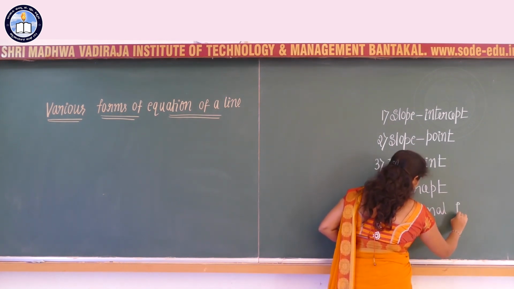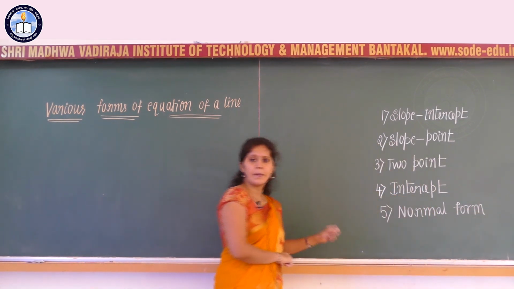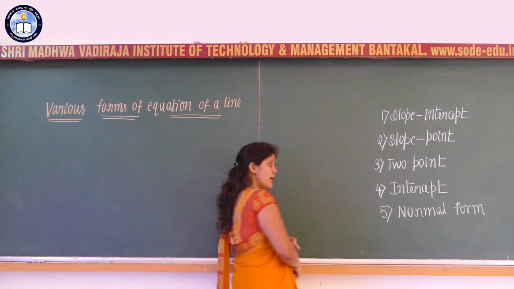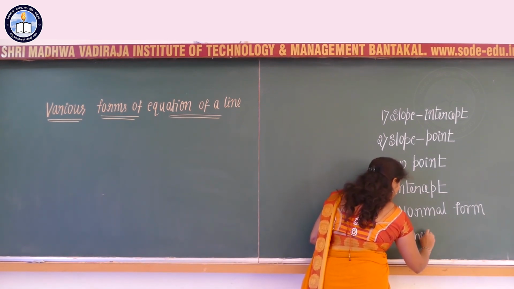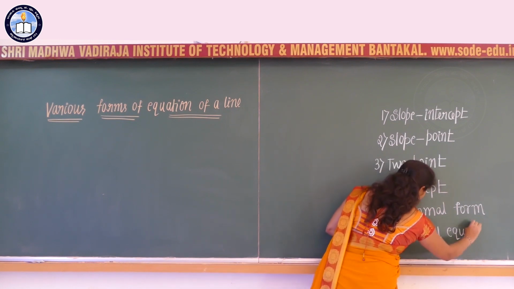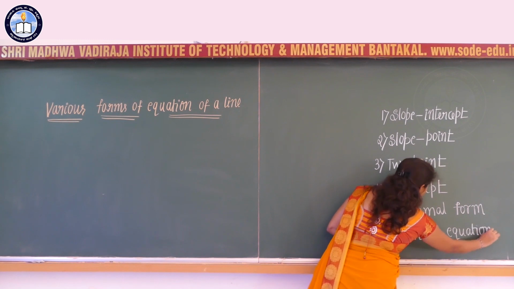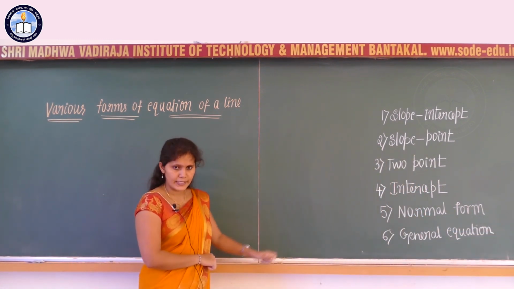We can find the equation of a line by using the normal form. And the last one is the general form, or general equation of a line. This is the sixth form of the equation of a line. So these 6 forms we need to consider.